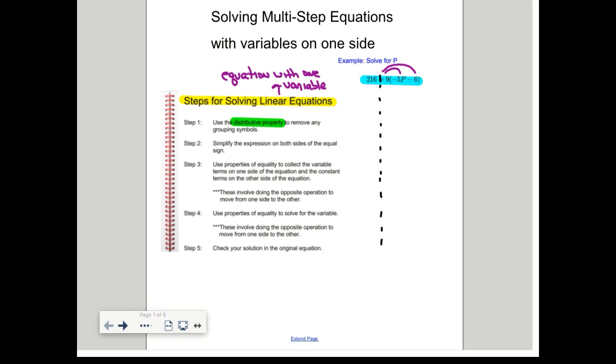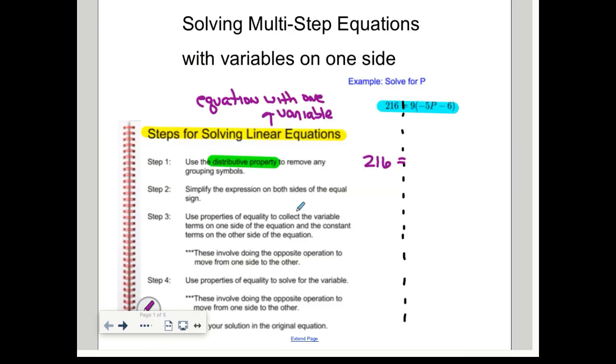So if you look at the little dotted line on this side here, and I'm going to line it up with the step, this stays 216 because I didn't do anything to it. But on the other side, you have a 9 times a negative 5p. So you're taking this times this, and you get a negative 45p. And now you're going to take a 9 times a negative 6, which is this one right here, and you get a negative 54. So I just removed the grouping symbols.